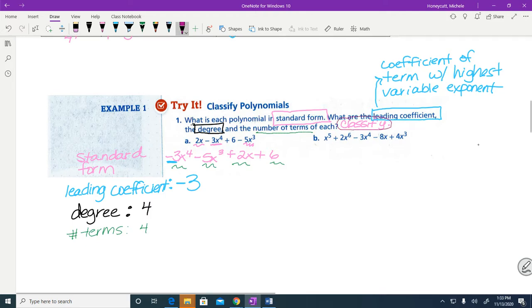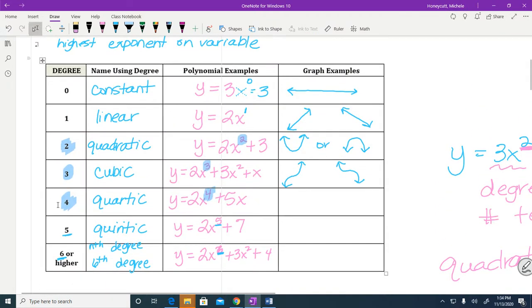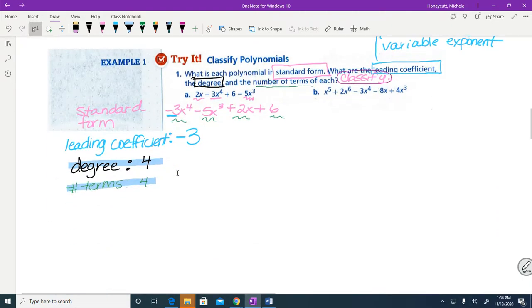So remember, we classify based on the degree and based on the number of terms. So I'm going to go back up to my chart, look for the degree 4 and the number of terms. Degree is 4, so it's quartic, and the number of terms, 4 or more, polynomial. So we're going to say this is a quartic polynomial.